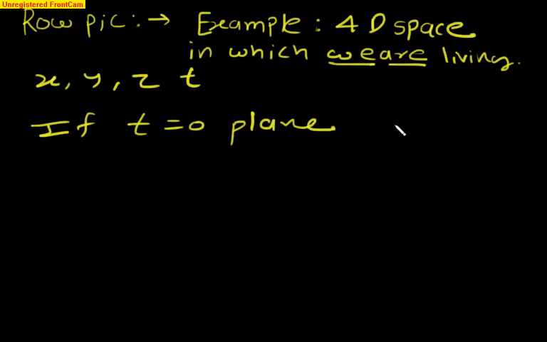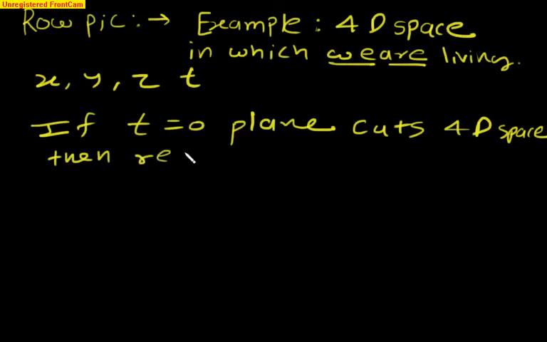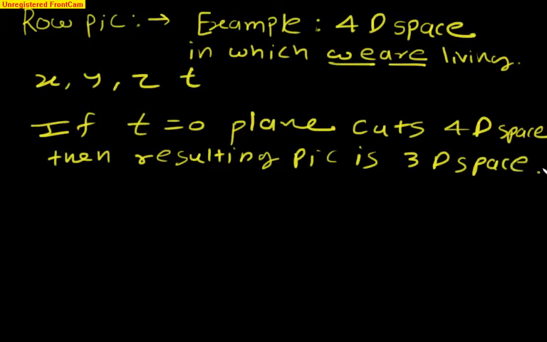If this plane cuts the 4D space, then the resulting picture is 3D space, which is represented by xyz coordinates, which is a three-dimensional space: length, width, height. Okay, but just a second.